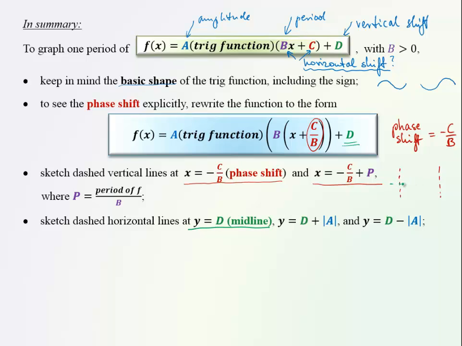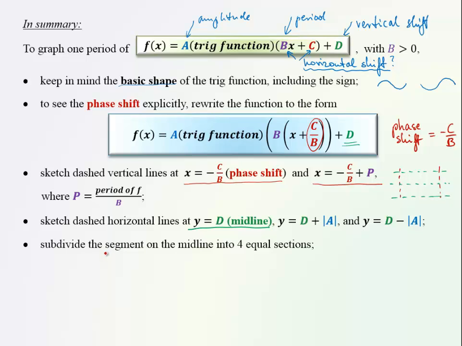So the midline is somewhere, let's say here, and then what we do, we add to d the amplitude, either positive or negative. So if a is known, we know that this many steps we can go up or down. So that's a general strategy. Now we know that the full period of our function should fit within this rectangle.